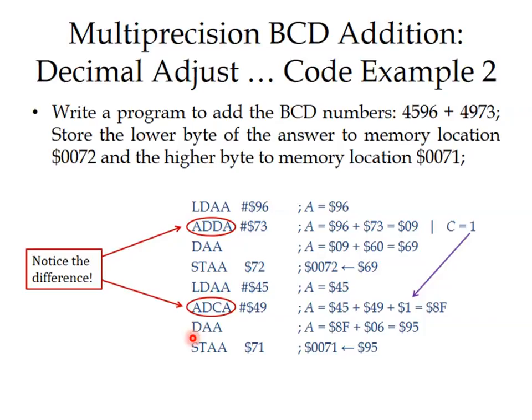All you are doing is just writing DAA, and DAA automatically applies the rule, whatever is needed to fix it, right? In the first step you need like 60 to fix it, in the second byte you need 06 to fix it, which was automatically applied by DAA. Any question?